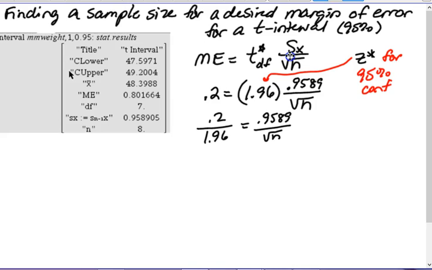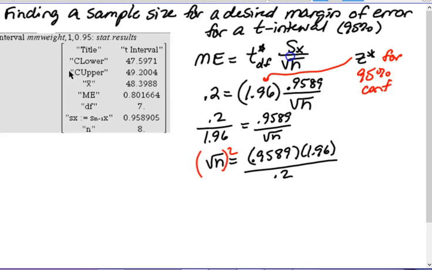So the square root of n is equal to 0.9589 times 1.96 all over 0.2, and then I just square both sides. I'm just going to square all of that, and that will give me the desired sample size. So let me go ahead and do that computation. I'm going to pause a minute. You go ahead and do the computation.